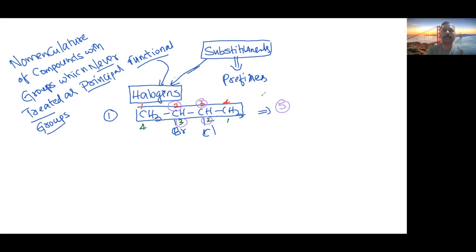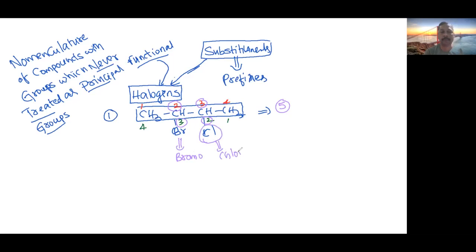Now we have to use another rule. What is that rule? Alphabetical order. Whatever substituent we write first should be given the minimum number. Here Br starts with bromo and Cl starts with chloro.